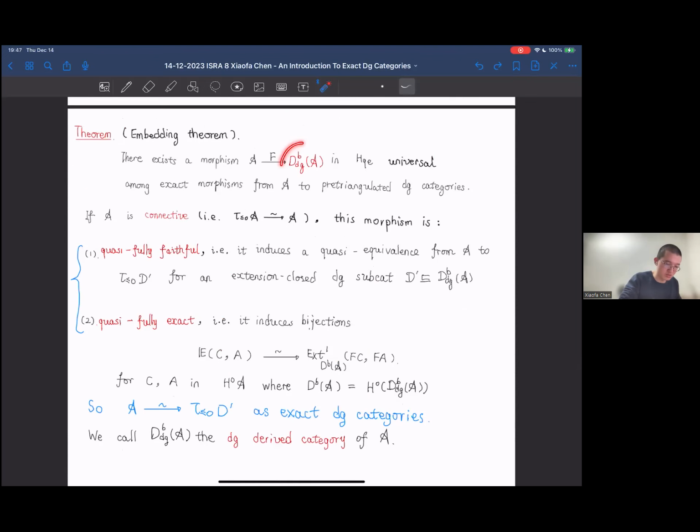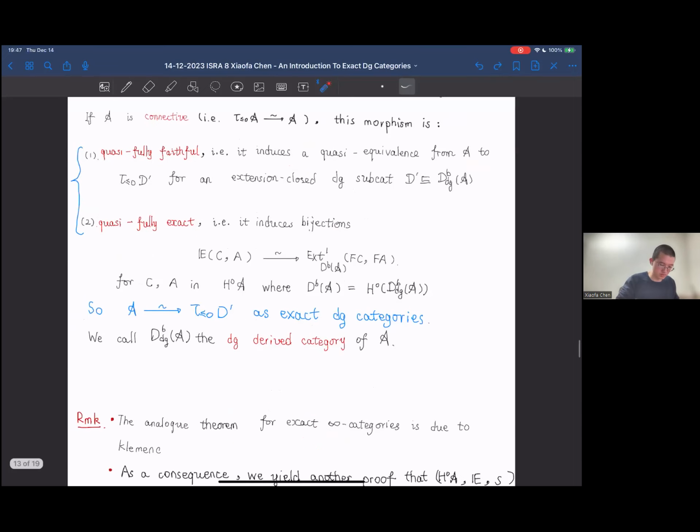We construct this morphism by first embedding A into the pre-triangulated hull, and then we perform the DG quotient of a certain DG subcategory, and this DG quotient is a DG derived category. Yes. Thank you for the question. Yes, let's continue.